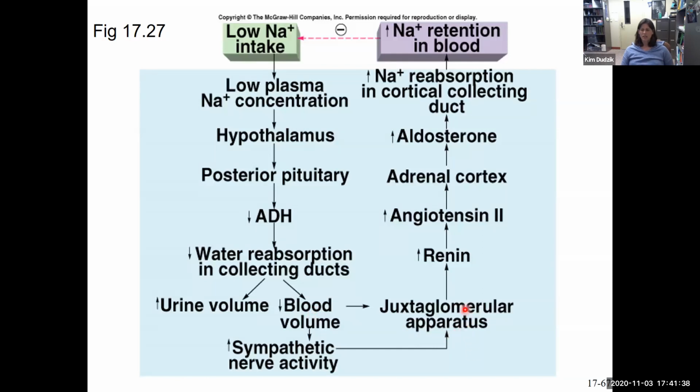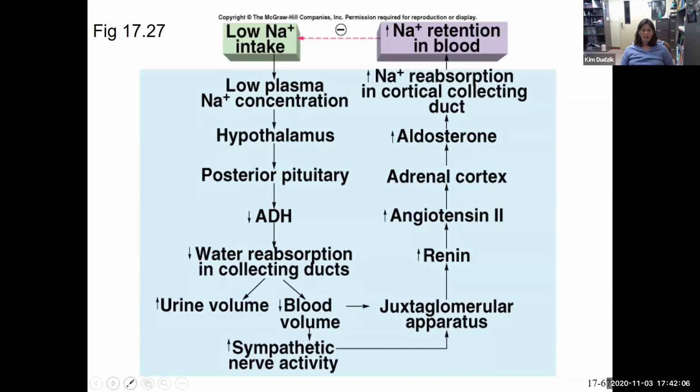So that tells the juxtaglomerular apparatus, those granular cells, to release renin. Skipping some steps here, but you need to know those steps. We get angiotensin 2 at the adrenal cortex to release aldosterone. We reabsorb sodium. Sodium increases in the blood. So that's that negative feedback loop on what initiated it, which was not getting enough sodium.